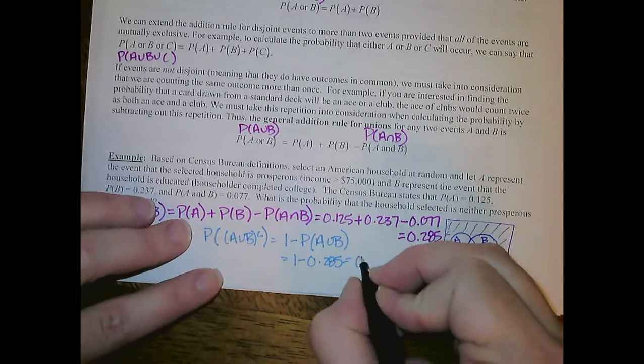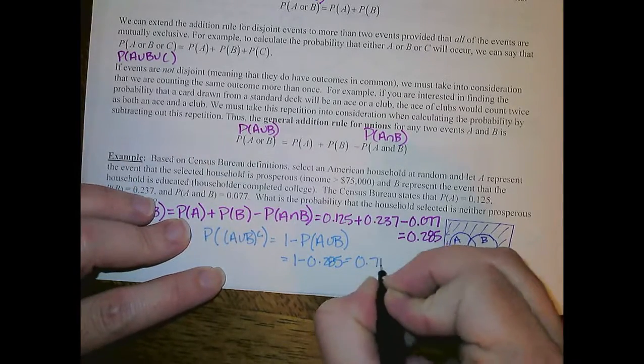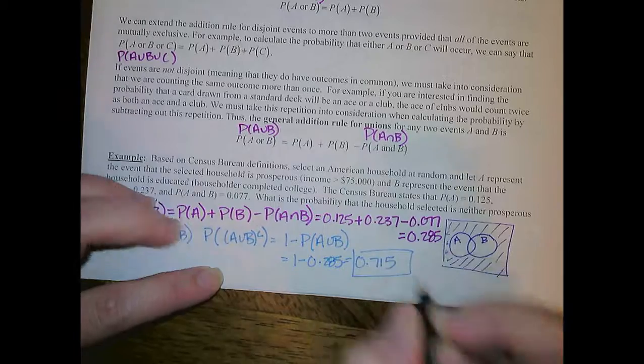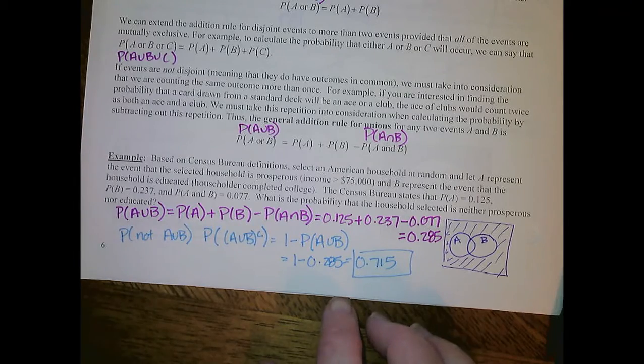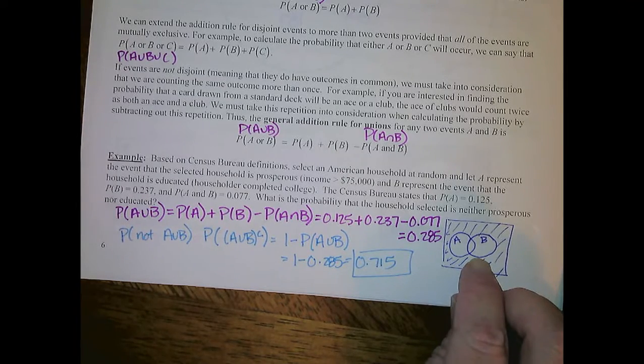So 0.715 is the probability that an individual household would fall outside of the union of those two events, those that are neither prosperous nor educated.